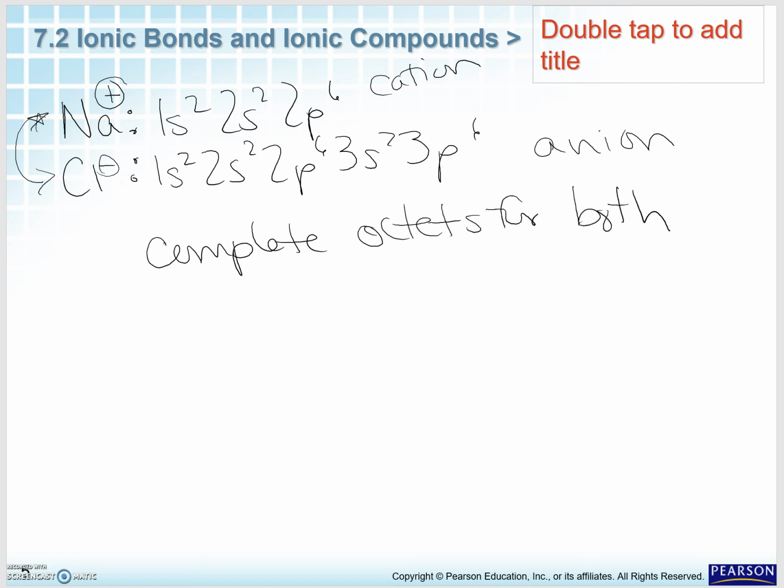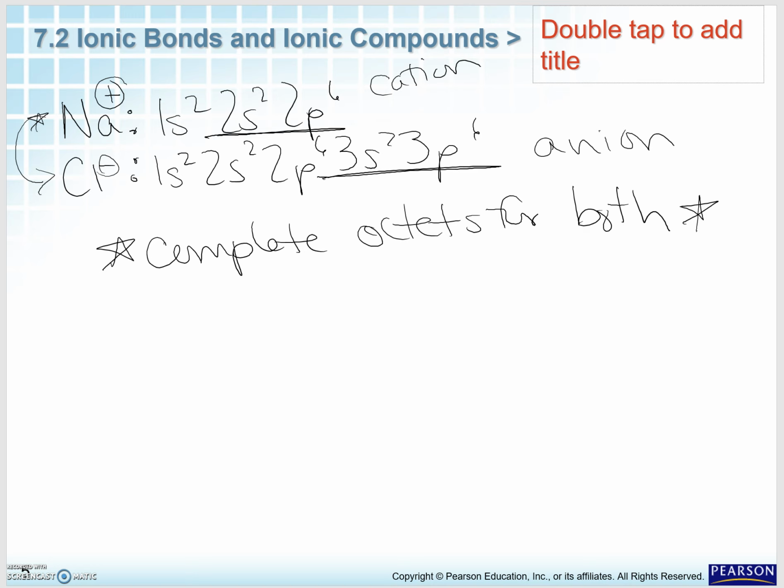So if you were to underline your valence electrons for sodium, that would be your 2s2, 2p6, and in your anion chlorine, it would be in the 3s2, 3p6. Both of those are completing your octets. So that is going to form a more stable compound.